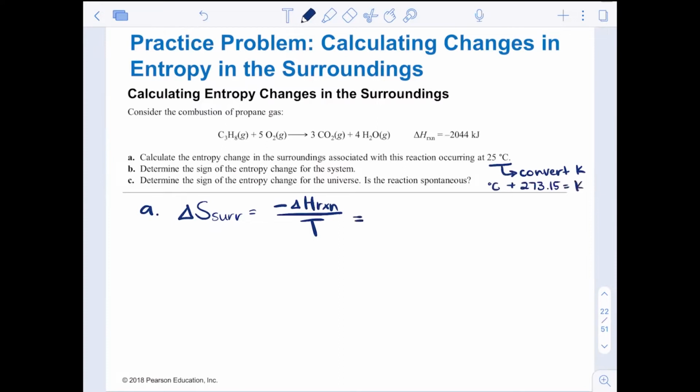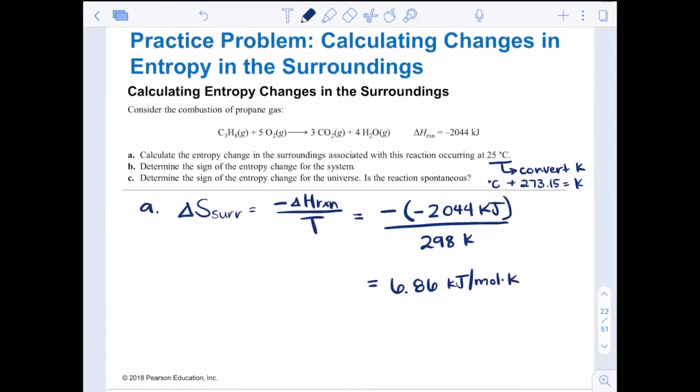All right, so negative of the negative, right? I want to make sure I keep all of my signs correct here. 2,044 kilojoules divided by 273.15 plus 25 degrees Celsius, 298 K. That delta S of the surroundings is 6.86 kilojoules per mole Kelvin.